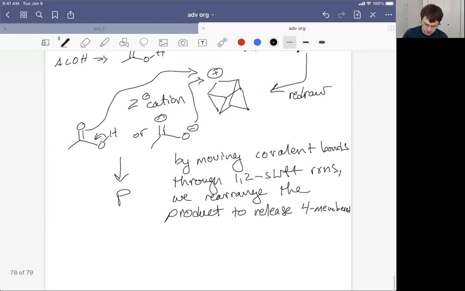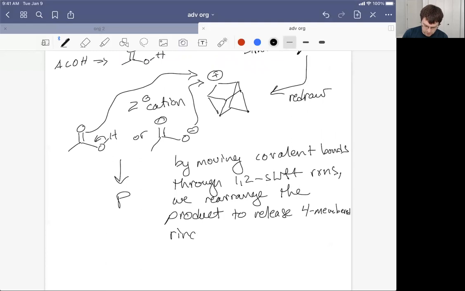So four-membered rings just are really, really tough on us if we're molecules, I guess. So not us personally, but if we were molecules. Okay.